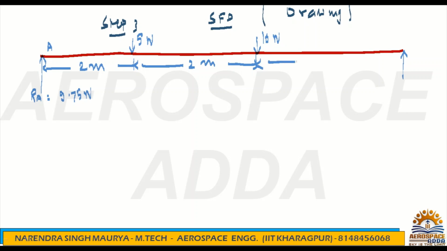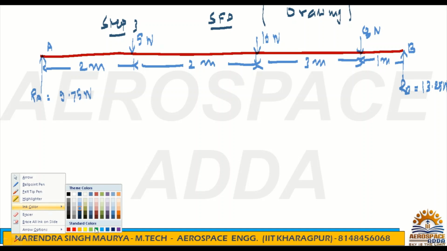Then again at 3 meter distance you have another force, which is 8 Newton. And then this is 1 meter distance, and this point is B. You have just calculated Ra and Rb. So Rb was 13.25 Newton.